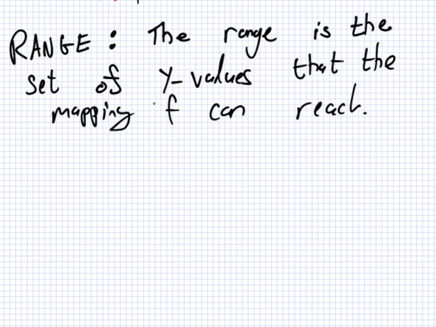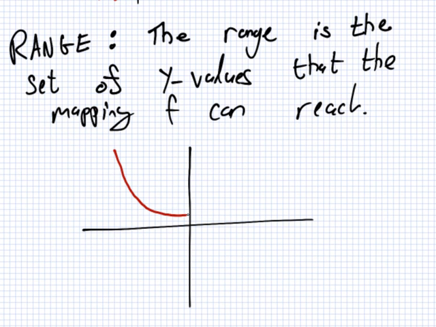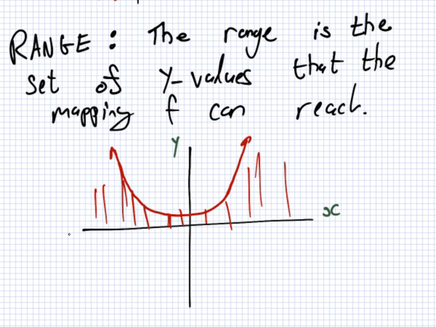Okay, so just as I continue, let me just draw a graph here, as an example. The domain is all the values on the x-axis that I can use. In this graph, it looks like it's the whole x-axis.